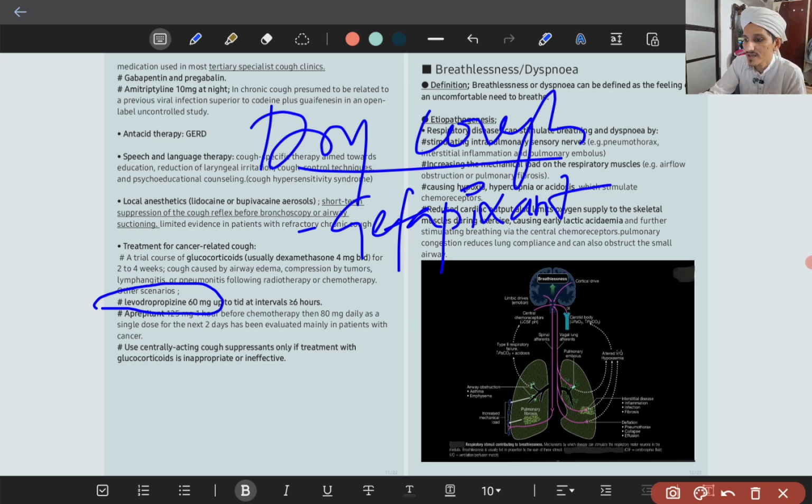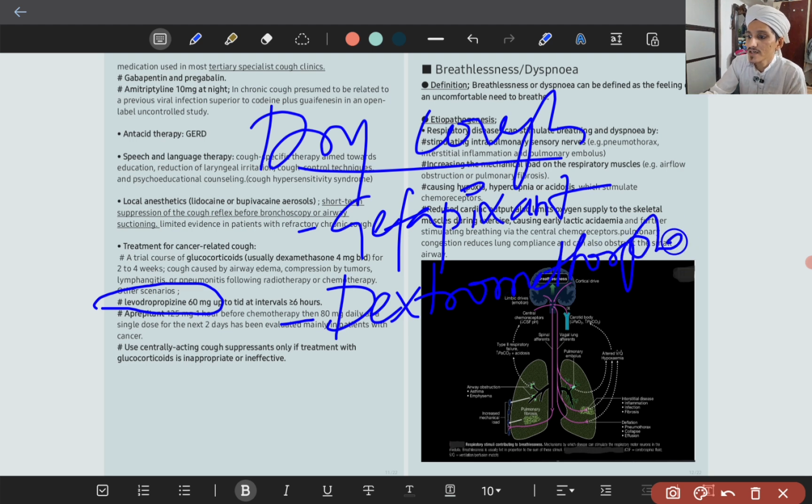This is not much useful for dry cough. So you will give dextromethorphan. If the cough is still not responding, in tertiary care centers you will give morphine. Now if the dry cough is not responding to this, then you give levocloperastine.